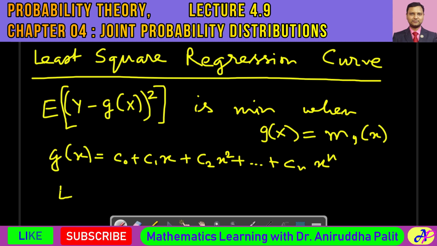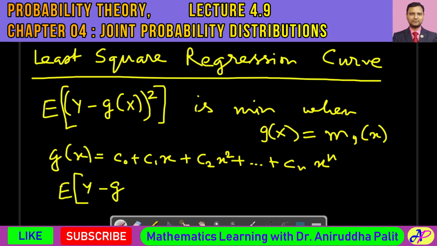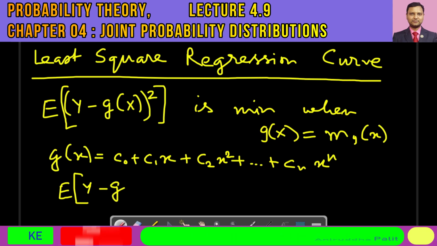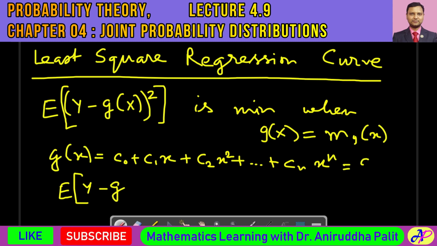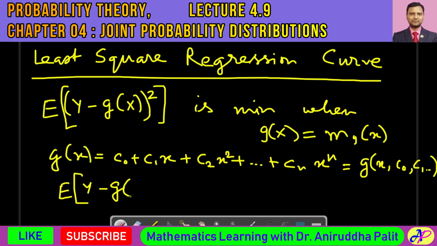And in that case, we need to minimize this expression y minus g. We can write this expression now as g of x along with these parameters c0, c1, etc. So we shall have to minimize this expression.